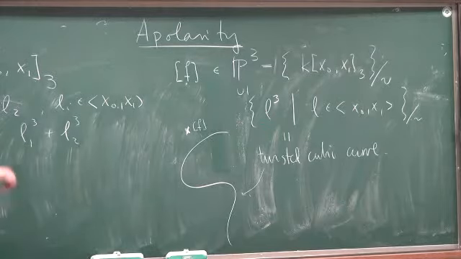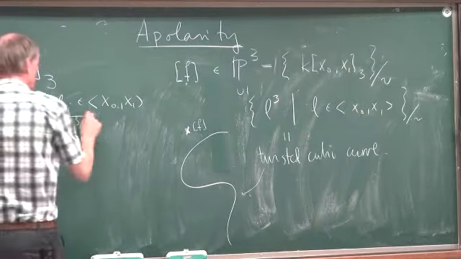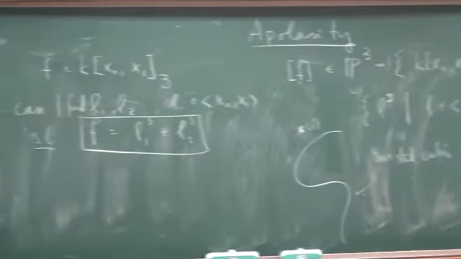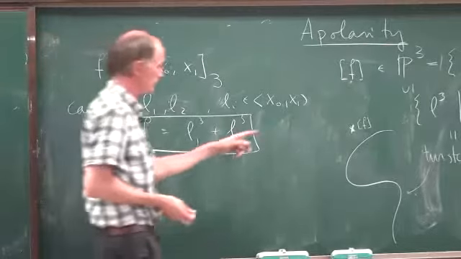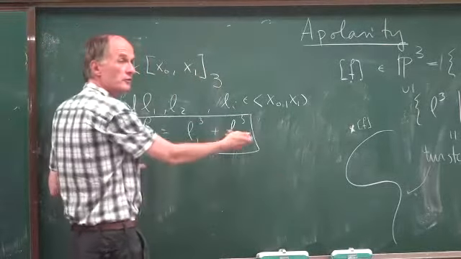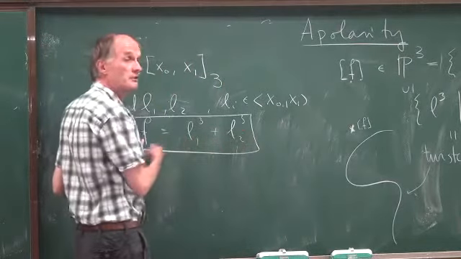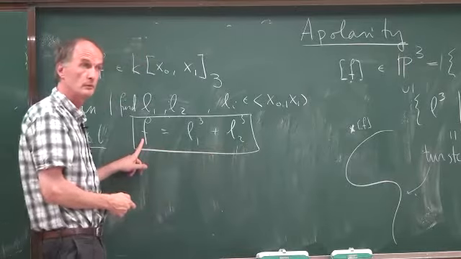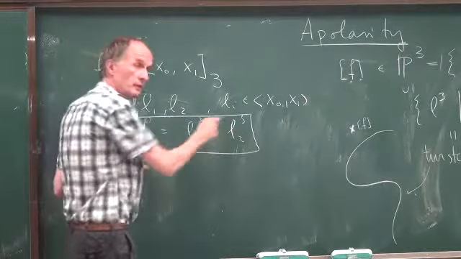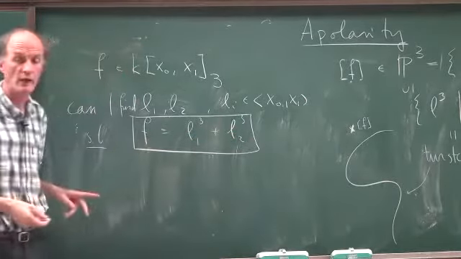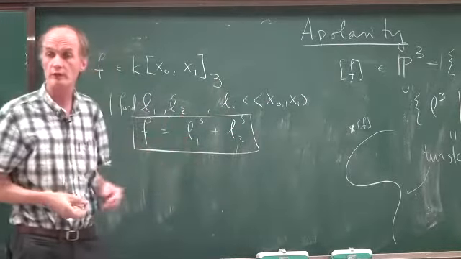So how can I now interpret this thing? Well, this is a linear dependency between these three cubic forms. It means that these three, as polynomials or as points in this space, are on the same line.